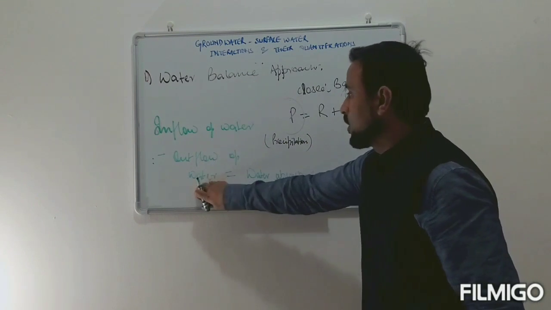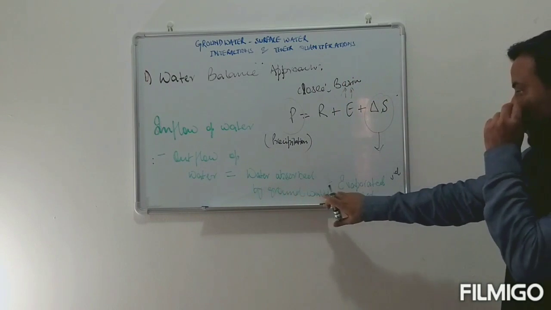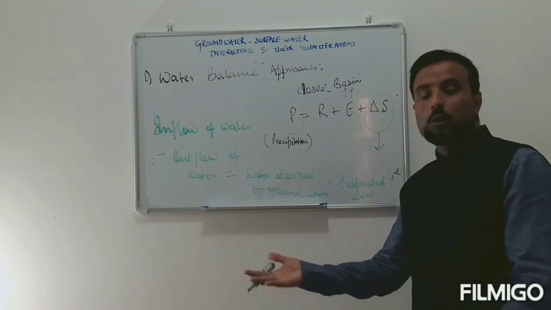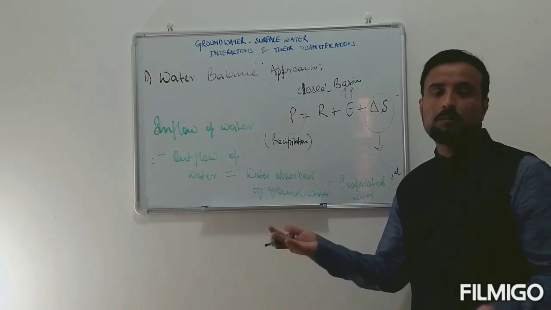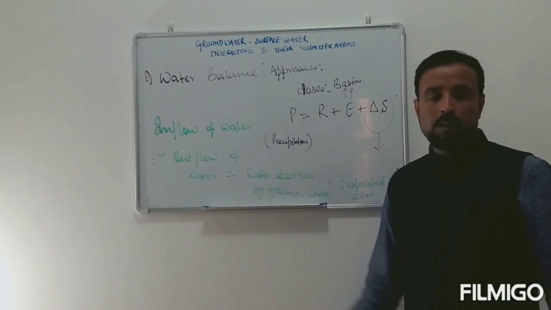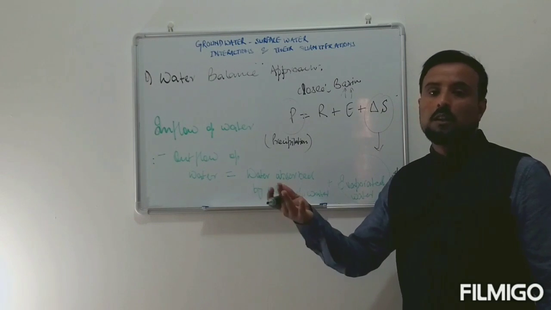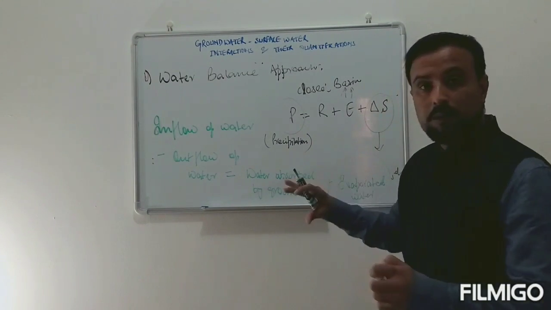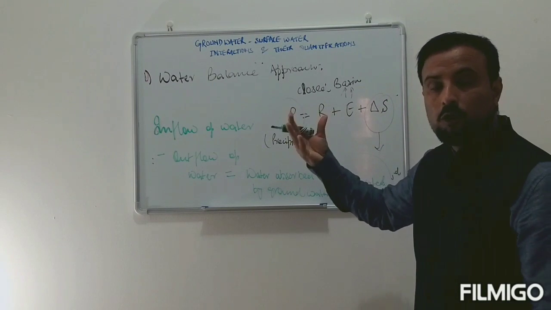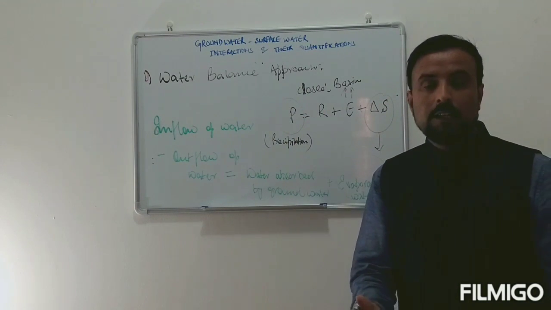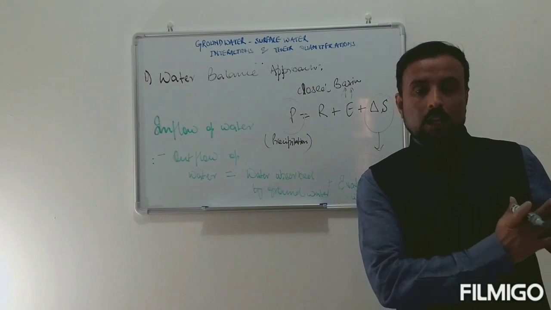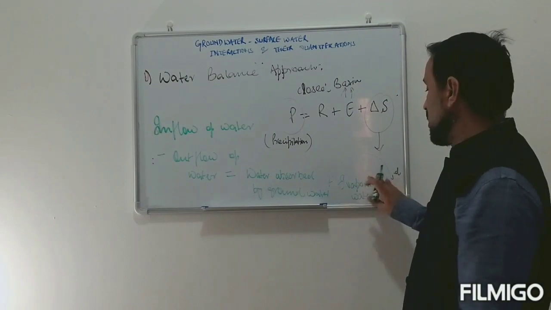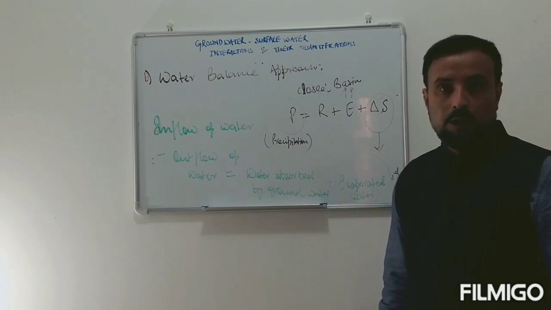Inflow of the water minus outflow of the water is equal to water absorbed by groundwater plus the water that has been evaporated. Practically, this approach looks very simple, but it is not very applicable, because you cannot precisely calculate the amount of water that is inflowing, the amount that is getting out, and the amount that is getting absorbed by the ground or evaporated, right?